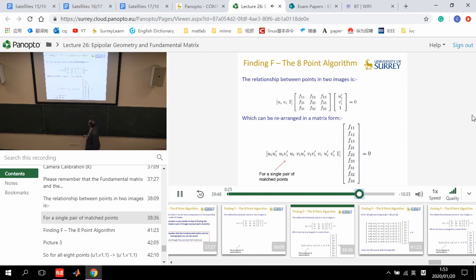And on the bottom, f31 u' plus f32 v' plus f33.